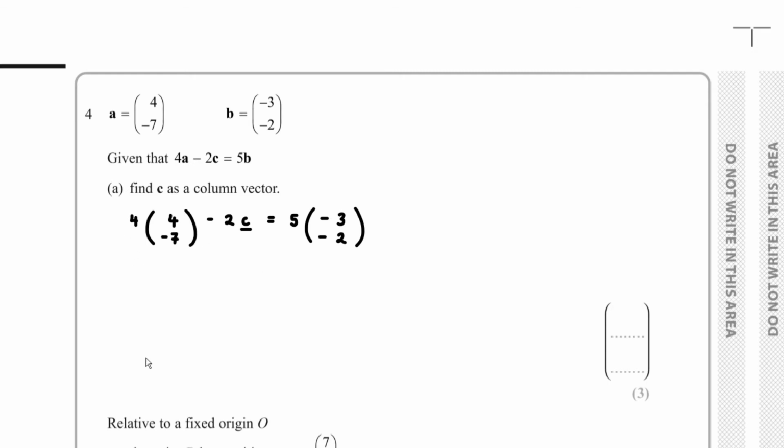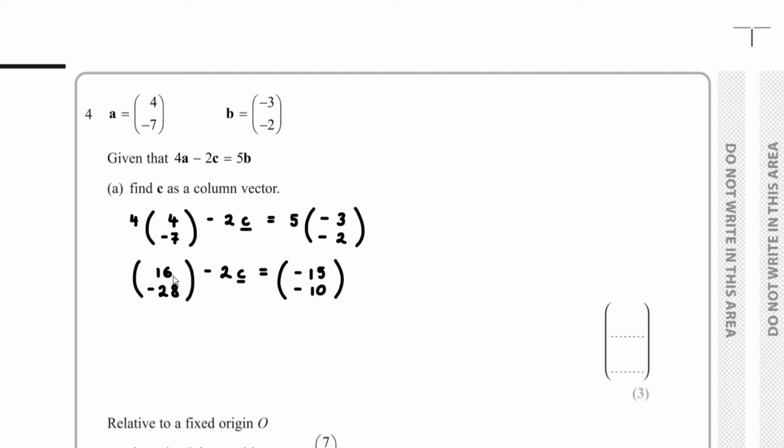If we now expand the brackets on the left hand side, 4 multiplied by 4 is 16, 4 multiplied by negative 7 is negative 28. Then we subtract 2c, and on the right hand side, 5 multiplied by negative 3 is negative 15, 5 multiplied by negative 2 is negative 10.